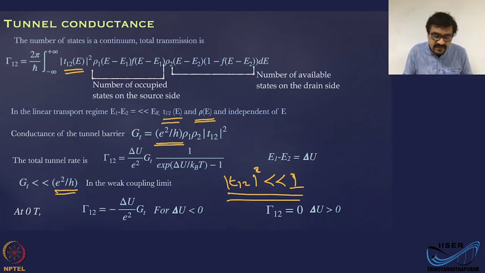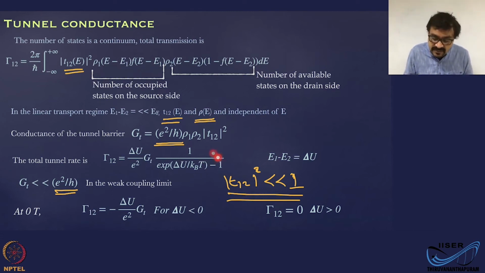And at 0 temperature, this term gamma 12 is equal to minus delta U by e squared into GT, where delta U, the energy gain, is a negative quantity. Okay. Now that is the 0 temperature limit.